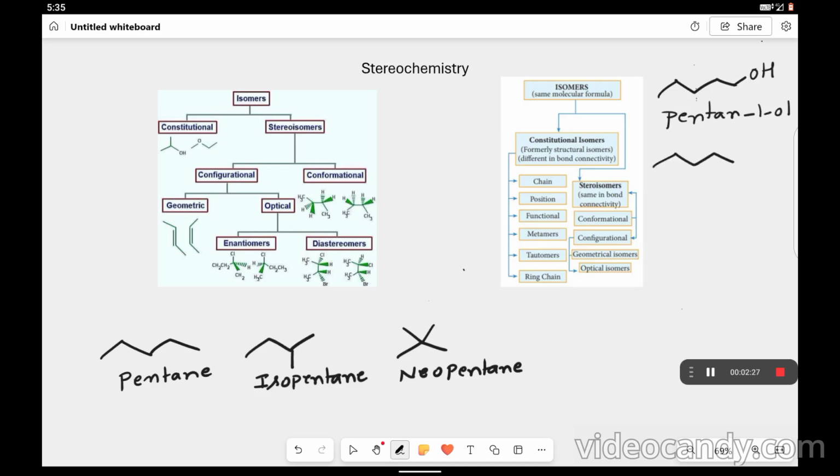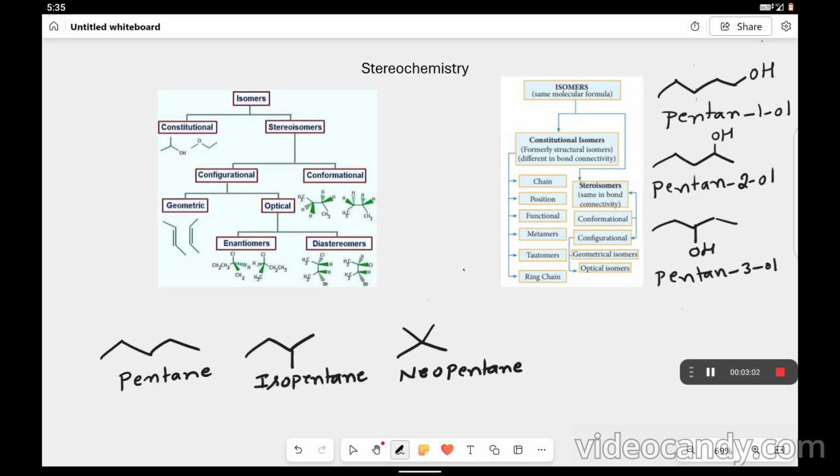Similarly, this compound is pentan-2-ol. One more compound is possible with this. This is pentan-3-ol. These three are position isomers, differing in the position of the functional group.